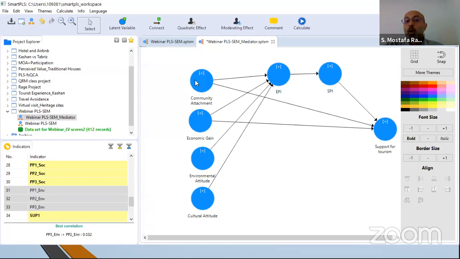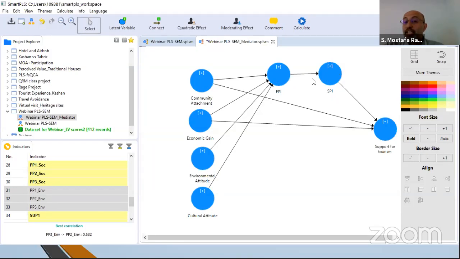The effect of community attachment first increases the level of the first mediator, then increasing the level of the first mediator will increase the level of the second mediator, and increasing the level of the second mediator will increase the level of the DV.